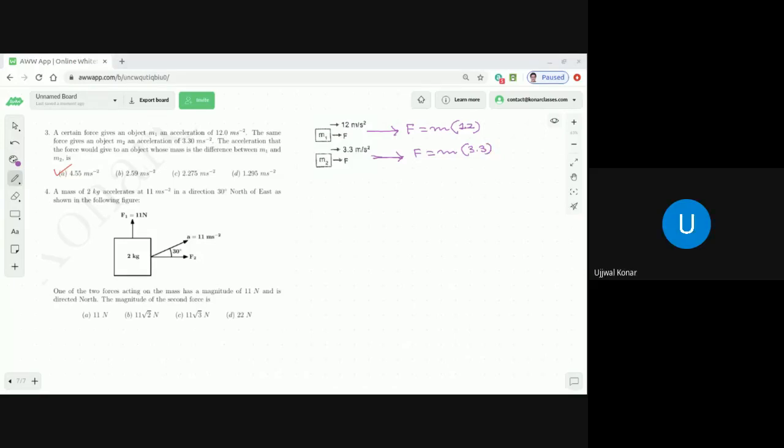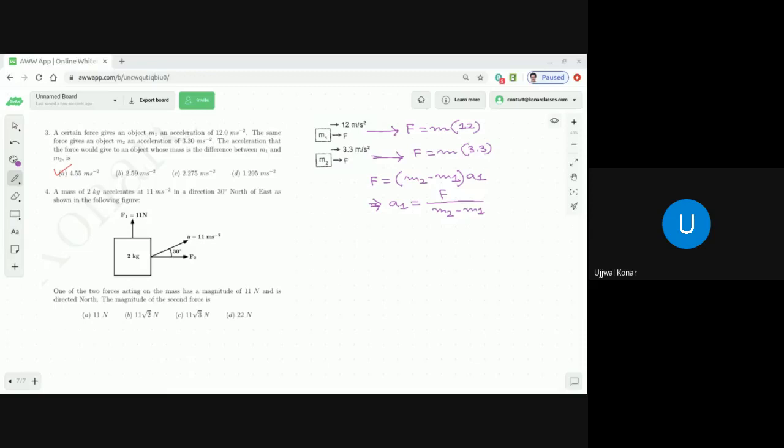Now here, for the object whose mass is the difference between M1 and M2, F is equal to M2 minus M1 into A1. From here we can find the value of A1 is equal to F by M2 minus M1, and F you are already aware of.